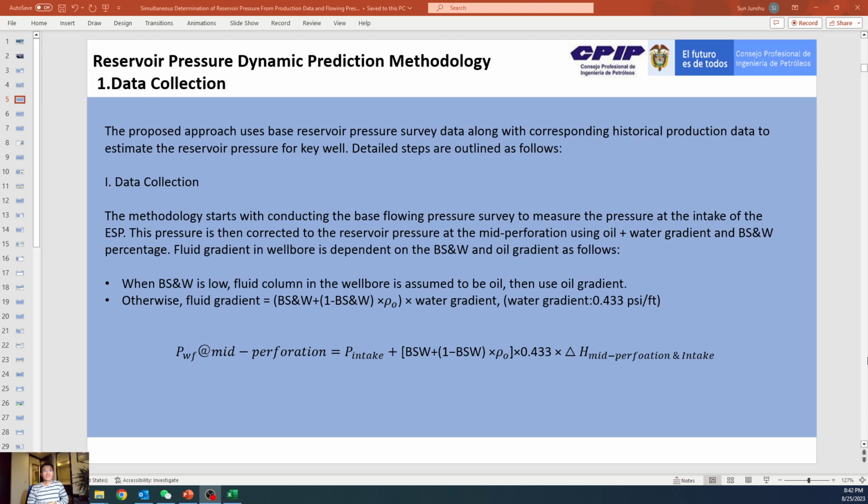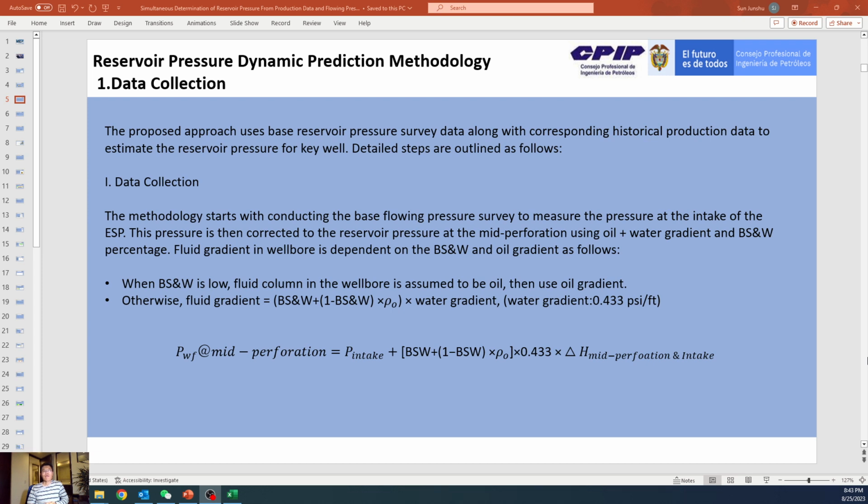The methodology starts with conducting the base flowing pressure survey to measure the pressure at the intake of the ESP. This pressure is then corrected to the reservoir pressure at the mid-perforation using oil and water gradient and BSW percentage.